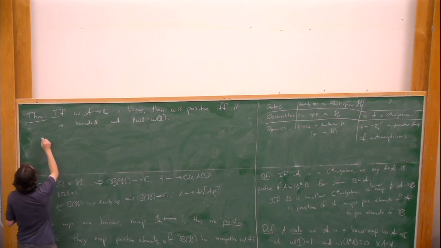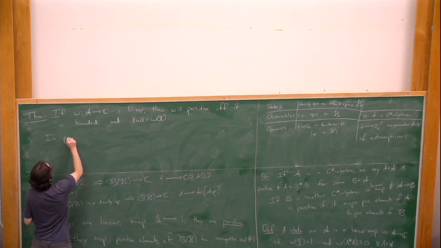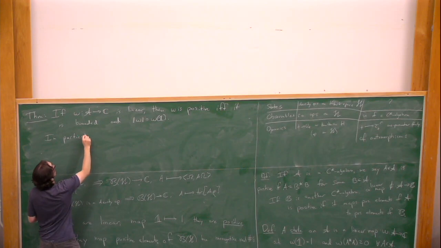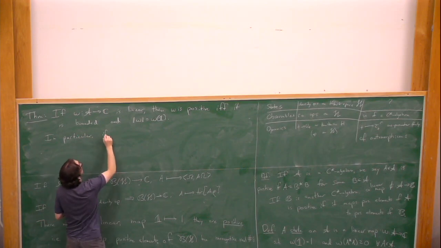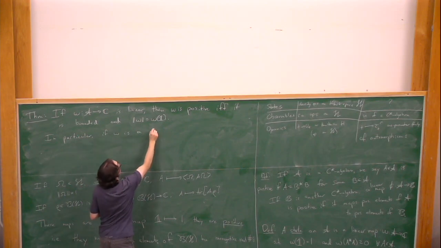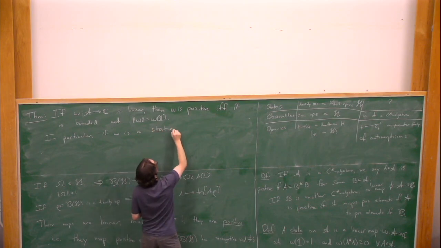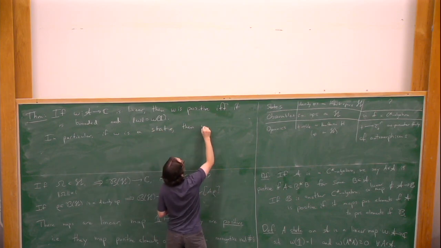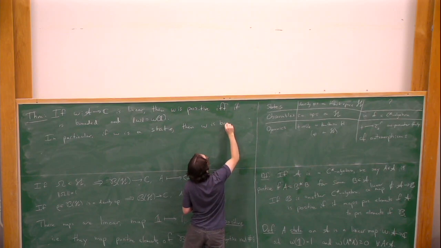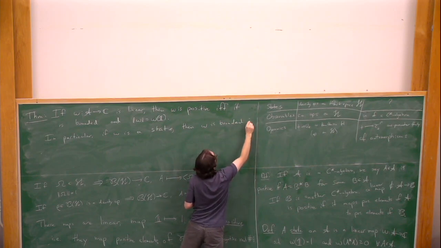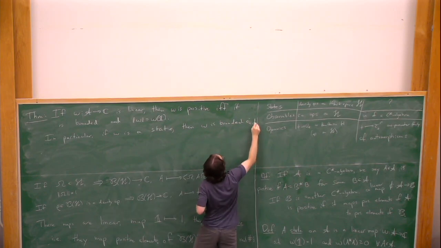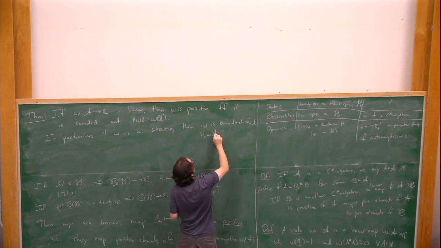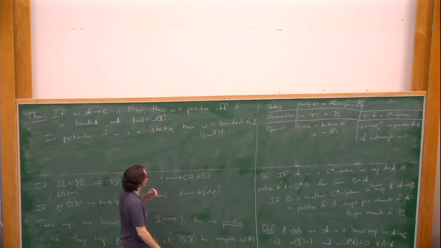So in particular, every state is bounded and norm 1.